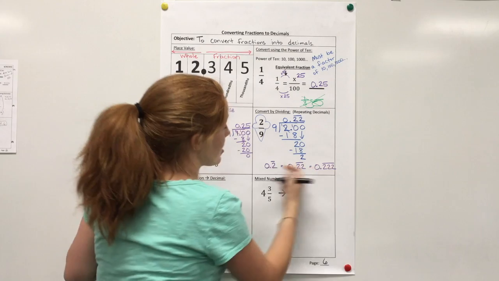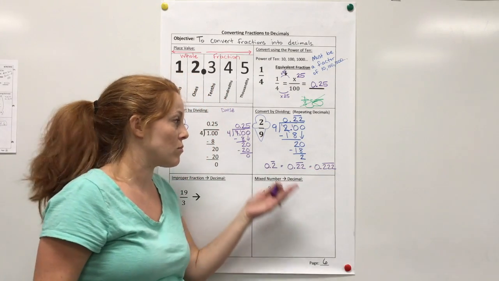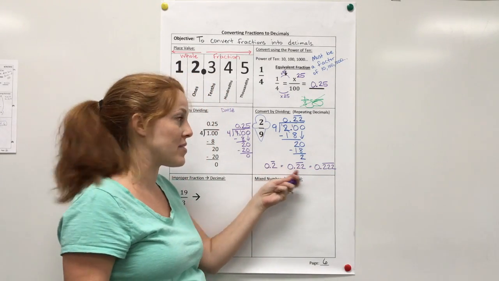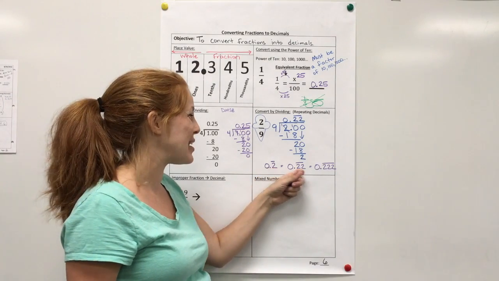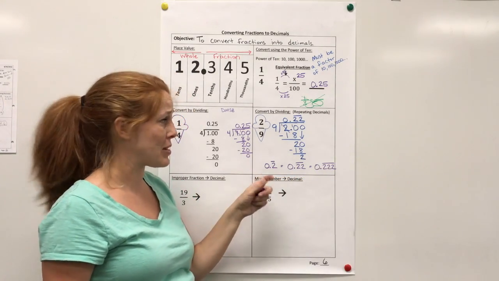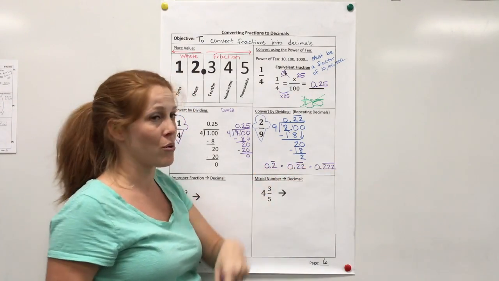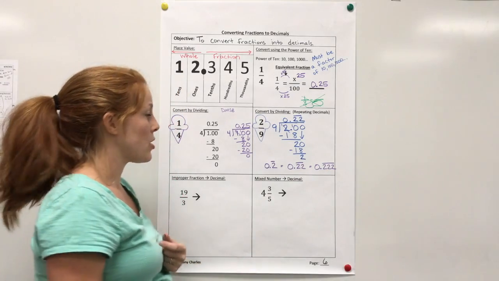Any of these are great as your answer. They all mean the same thing. So it doesn't matter how many 2's I put, as long as I make sure I put that repeating sign to show that it's 2 going on forever.